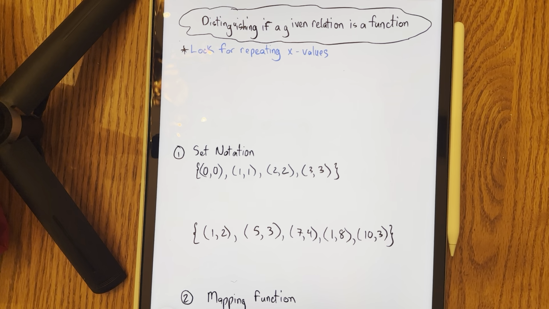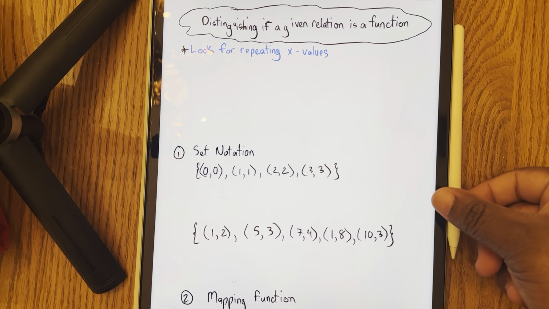The key thing you want to look out for to determine if the given question is a function for these three topics is repeating x values or input values. All three of these examples show that if there's a repeated input or x value, it's not a function. So that's the key thing.